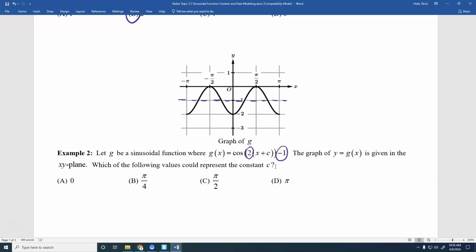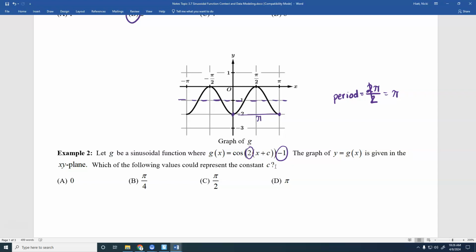It compresses horizontally, right? Because everything on the inside is backwards. So it's compressed horizontally. It's going to change the period. So the period of this function should be 2 pi divided by 2, which is going to give us pi. And you can see minimum point to minimum point has a distance of pi. So that's given to you.